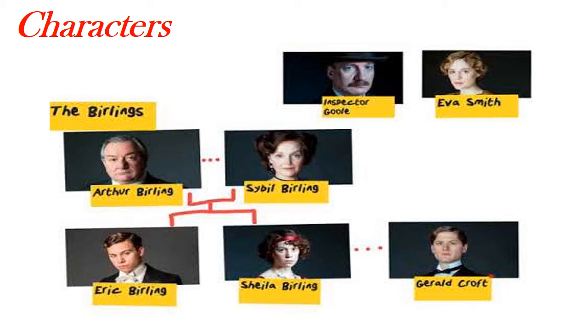Can anyone guess those 3 categories? Can't? Okay, I'll help you. The characterization is like this: main characters, secondary characters, and minor characters. Say after me: main characters, secondary characters, minor characters.